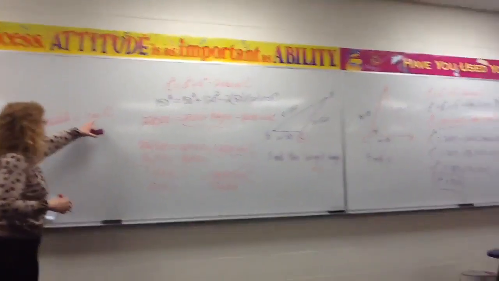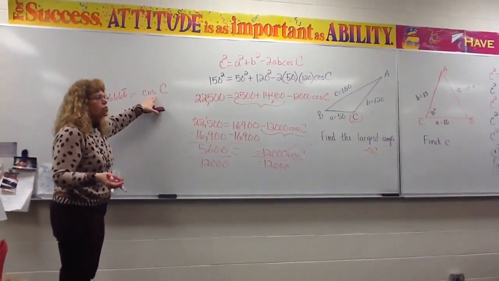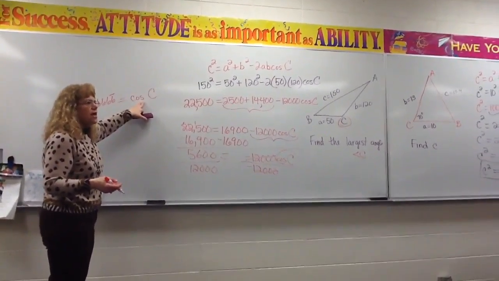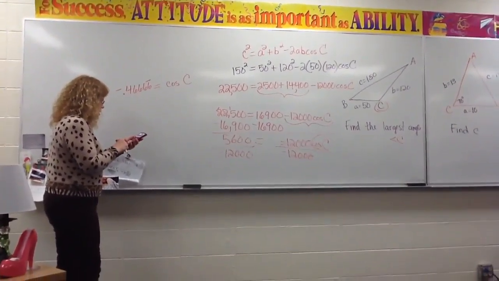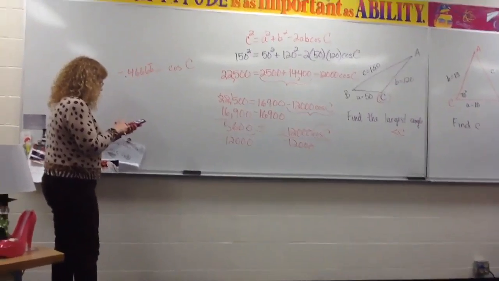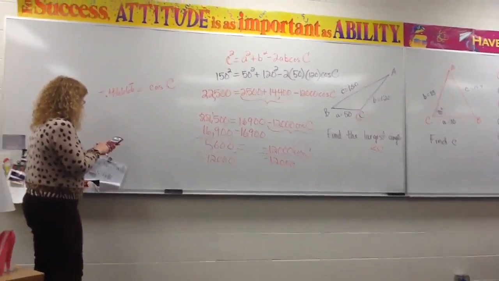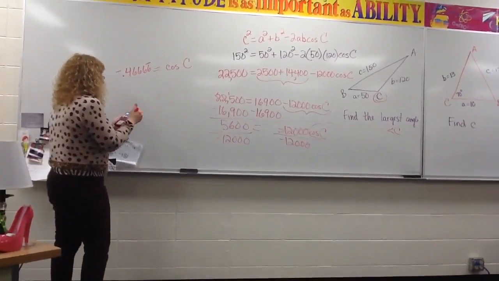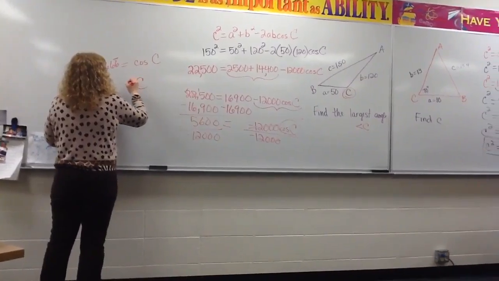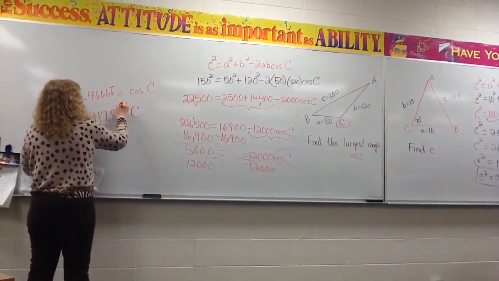So this is one of those where you're going to have to do inverse cosine on your calculator. Don't forget the negative. So inverse cosine of negative 0.4666, and I get angle C equals 117.8 degrees.